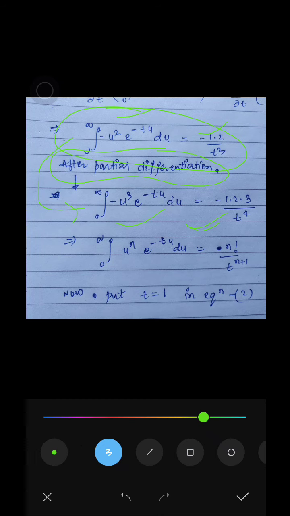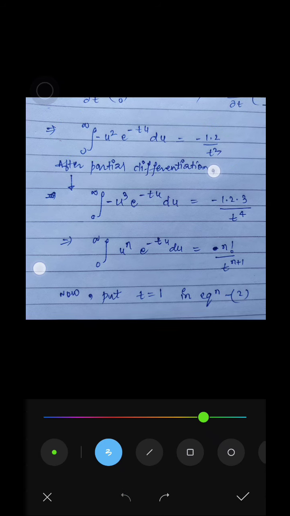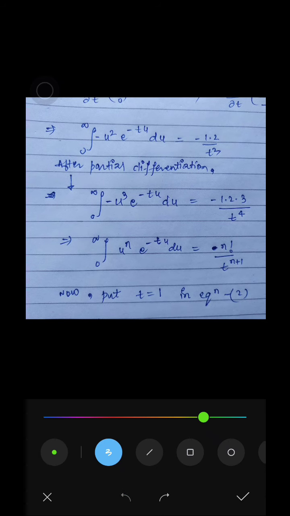So doing it again and again, we can have a general formula for it. You may have noticed the sequence: there is a 3, then a multiplication up to 3 for all the natural numbers, and there is 3 plus 1, that is 4.